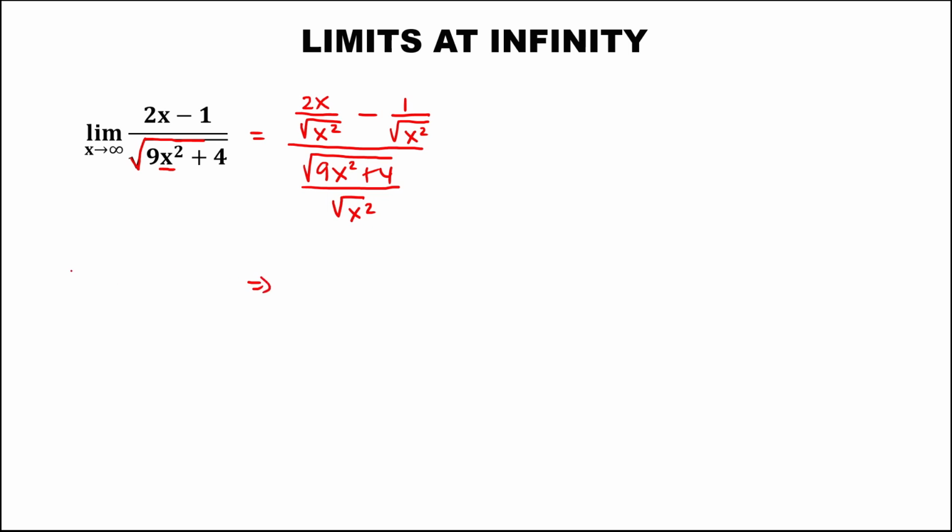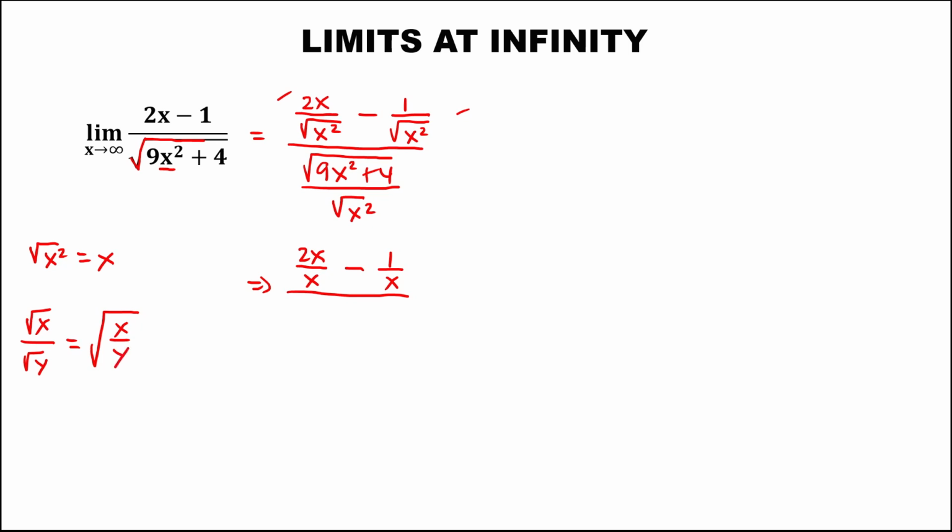Then to simplify, since the square root of x squared is equal to x, this becomes 2x over x, minus 1 over x, all over, since the square root of x over the square root of y is equal to the square root of x over y.